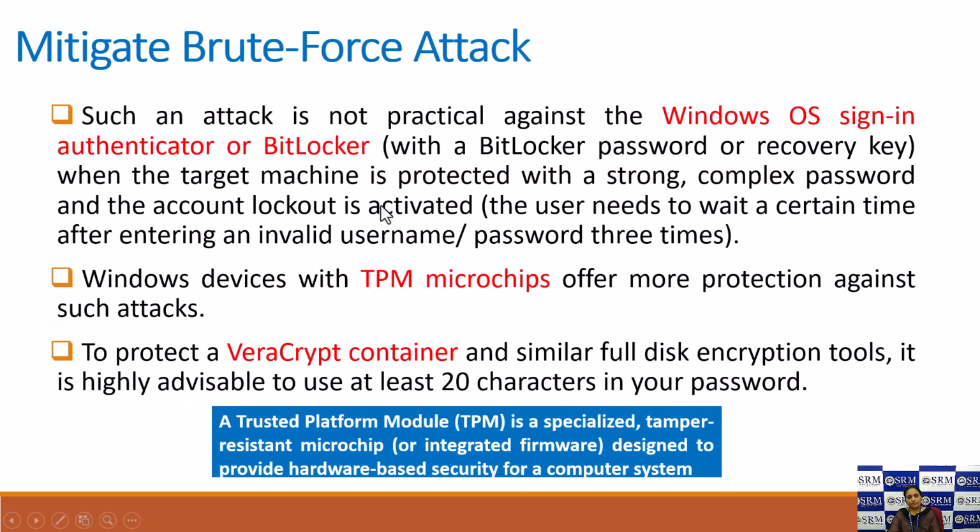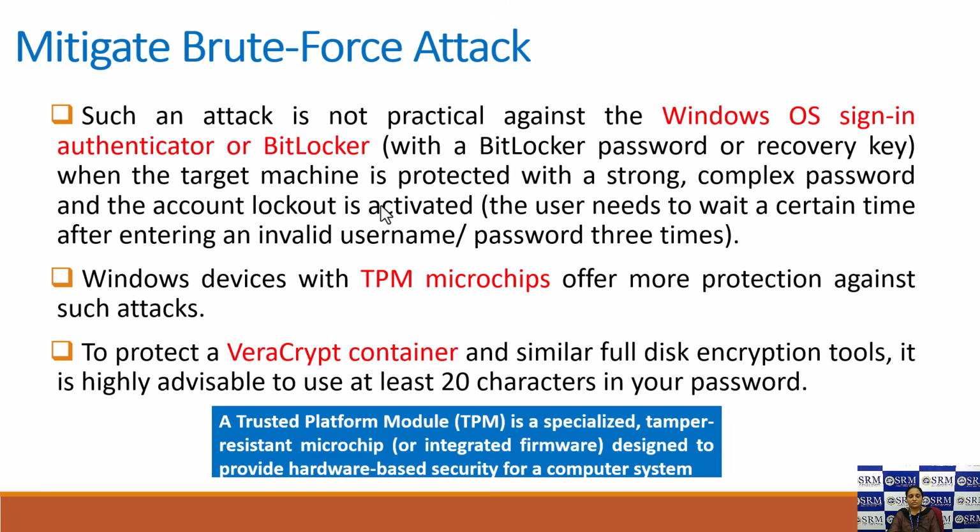Then how to mitigate the brute force attack? Such an attack is not practical against the Windows operating system sign-in authentication or BitLocker, because with the BitLocker password and recovery key, when the target machine is protected with a strong complex password and the account lockout is activated, then it is difficult.